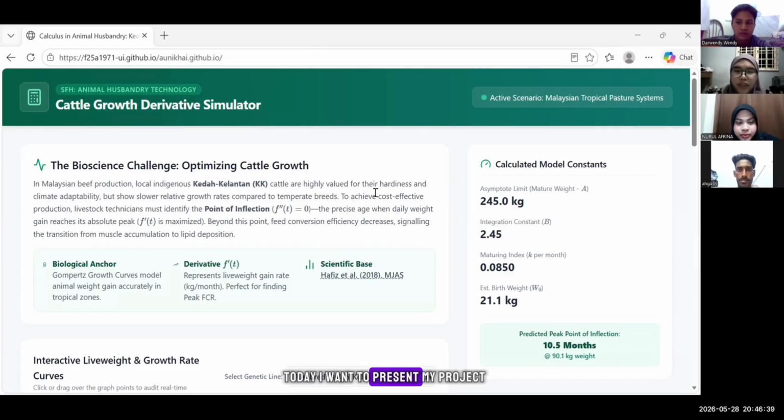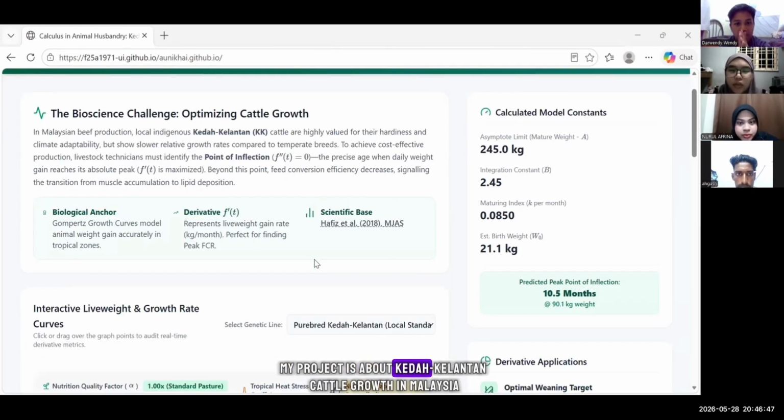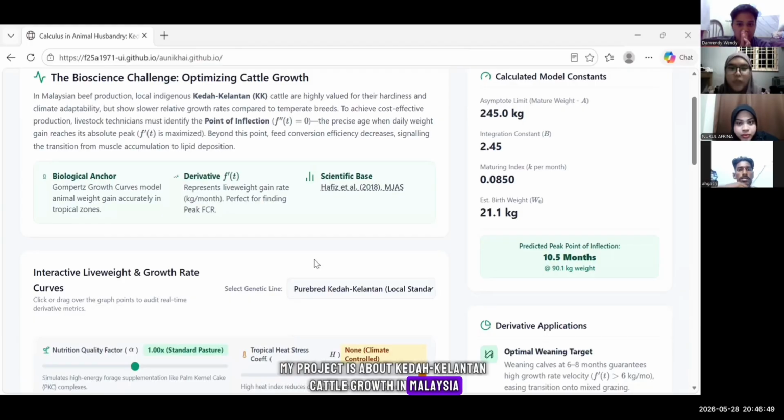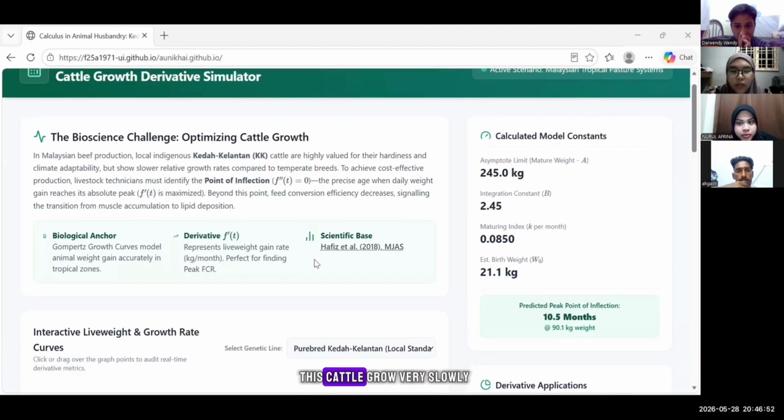Today I want to present my project, Calculus in Animal Husbandry, Kedah-Kelantan cattle category. My project is about the Kedah-Kelantan cattle in Malaysia. This cattle grows very slowly, so I use calculus to find the growth rate using the first derivative f prime of t.